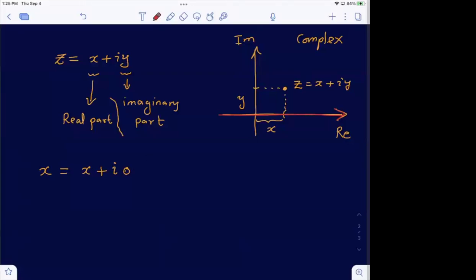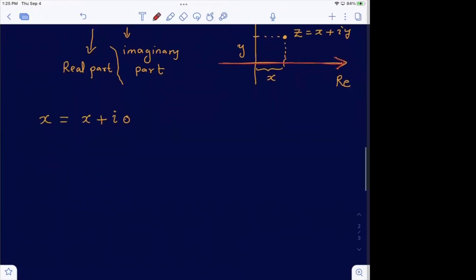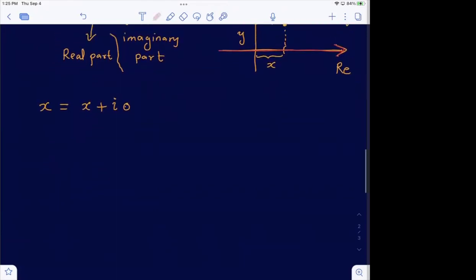So now, starting from this definition, what can we say about complex numbers? What are the properties? We need to analyze many properties behind complex numbers. So let's begin with some technical information, some terminology.